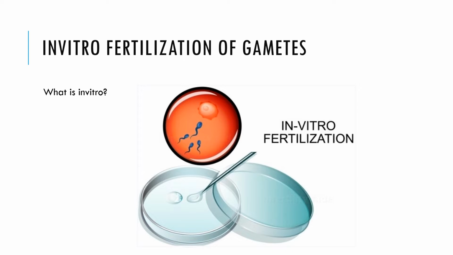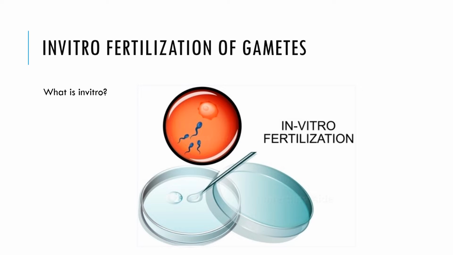So if a process which happens in a natural condition in biological inside the body is not possible to happen, like the fusion of egg and sperm, the fusion of these two gametes to produce a baby, whether due to a physiological reason or morphological reason, male or female infertility, if the egg and the sperms are not able to fuse together to produce a healthy and viable baby or an embryo, this process is carried out in laboratory conditions, in vitro conditions, and that is the reason the technique is called in vitro fertilization of gametes. So gametes over here is egg and sperm.